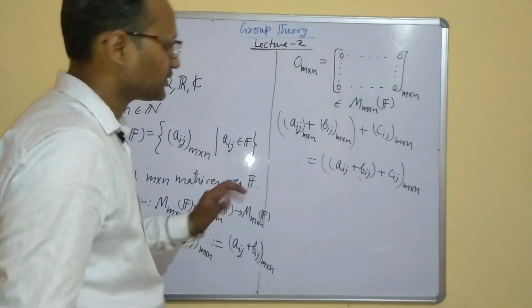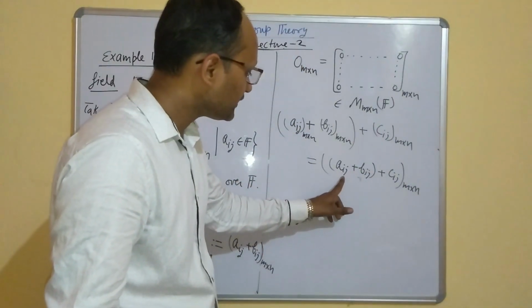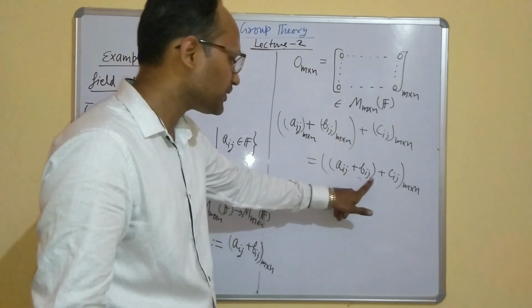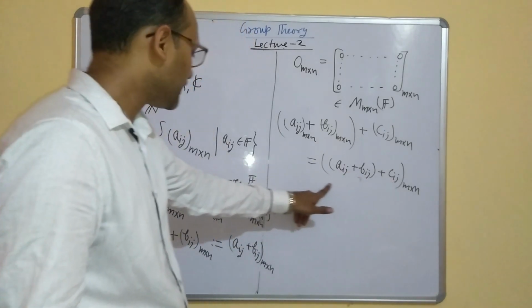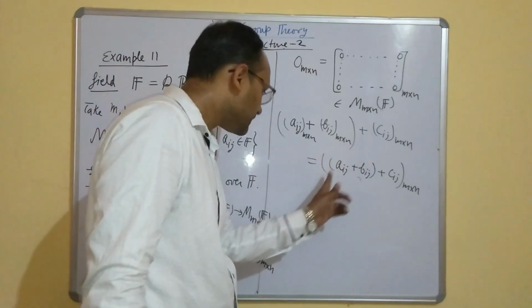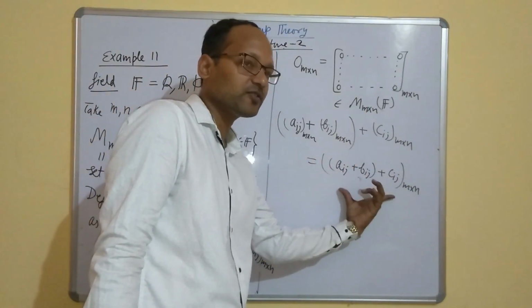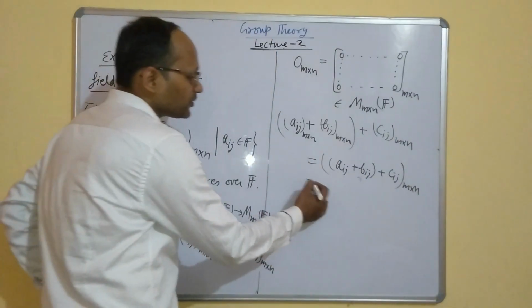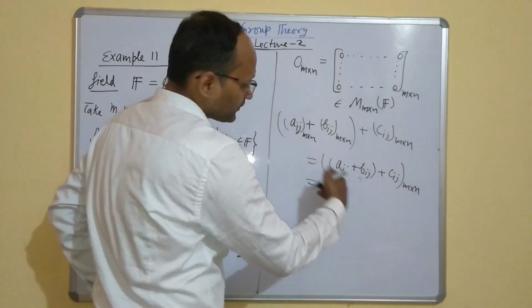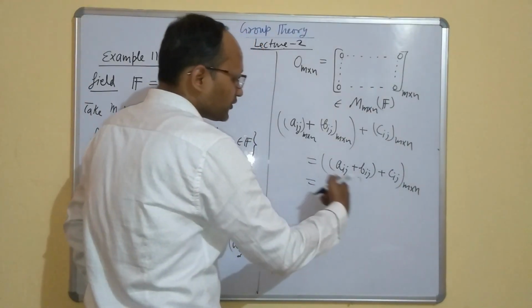Just keep in mind, this is a number, this is a number, this is a number. Number means elements of the field, and this bracket means the matrix. So this whole is a matrix. By the definition of addition, we can do one thing.